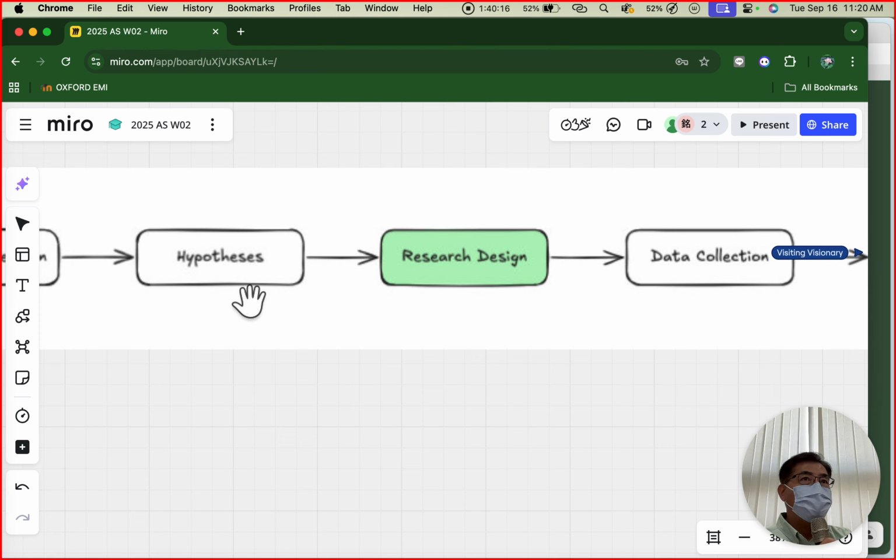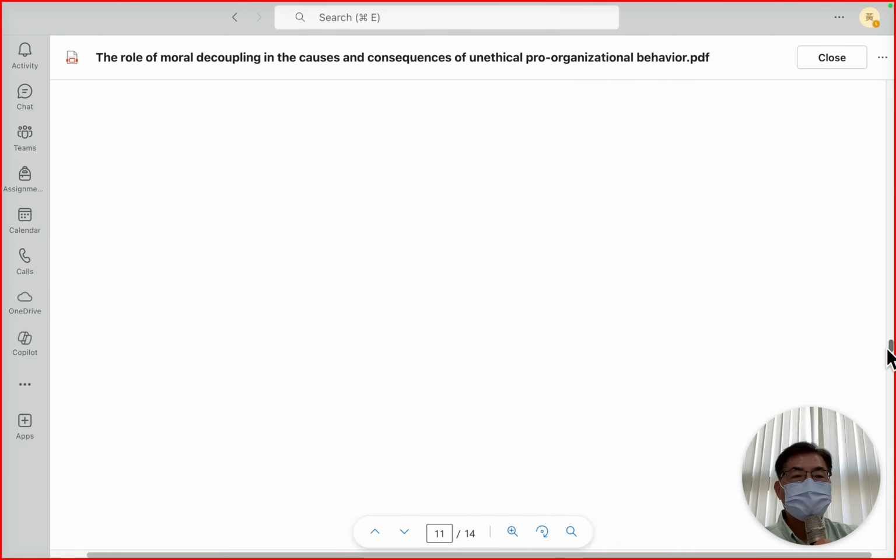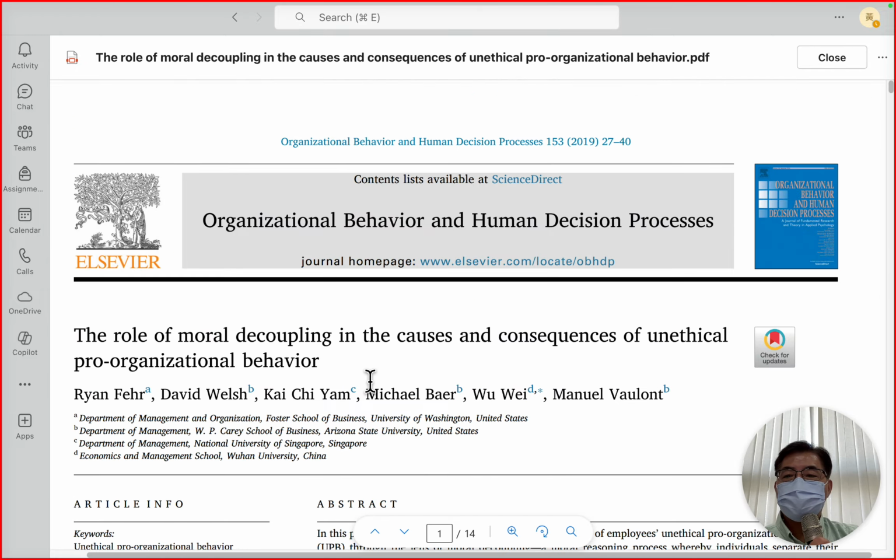Okay, so I would like to show you the example here again. I have uploaded the article. You can open it. It is called The Role of Moral Decoupling in the Cause and Consequence of Unethical Pro-Organizational Behavior.